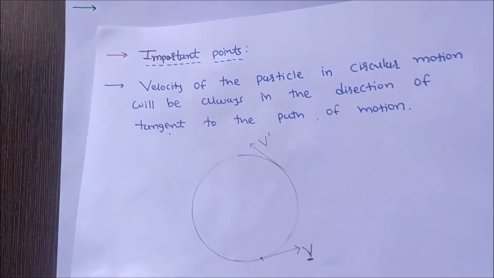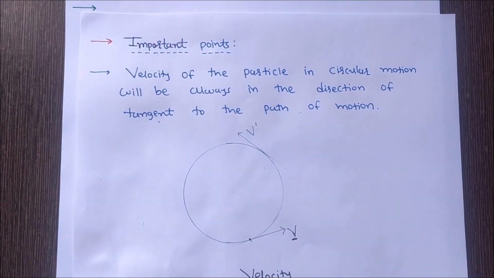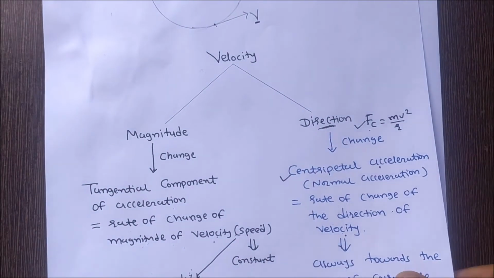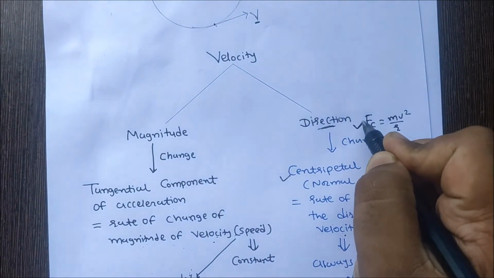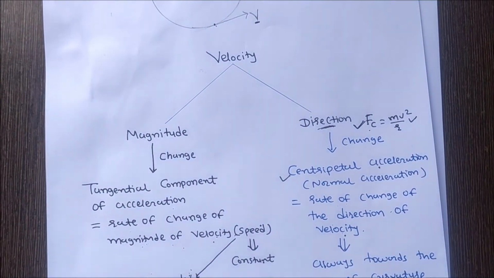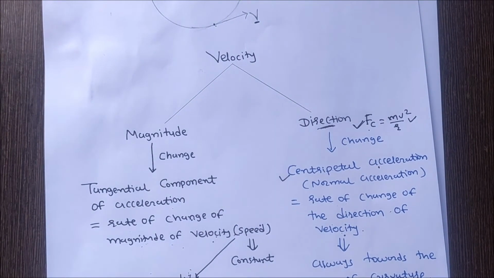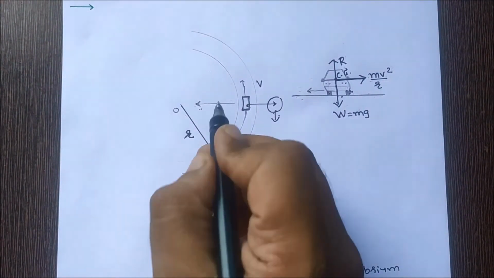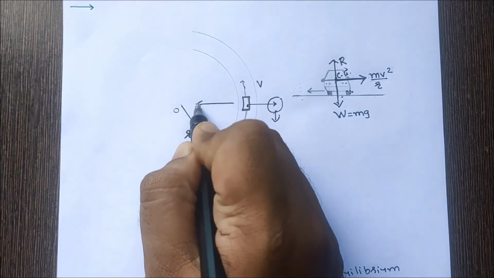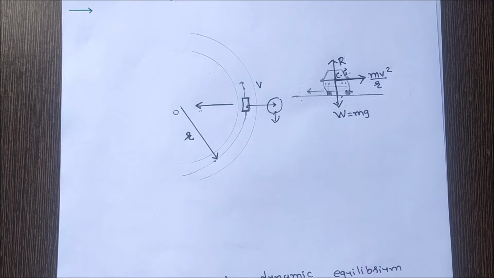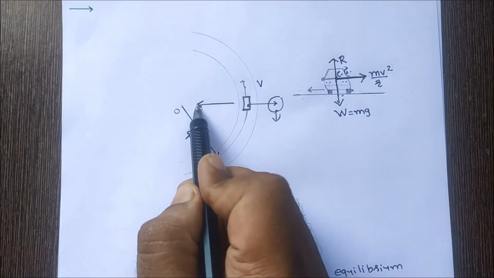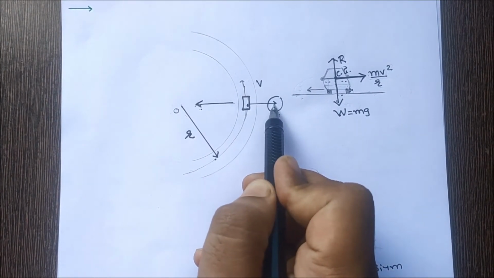Again I repeat, velocity of the particle in circular motion is always in the direction of tangent to the path of motion. If velocity is continuously changing, there must be a centripetal acceleration, and then there is a centripetal force, whose value is mv square by r, always acting towards the center of curvature. According to Newton's third law of motion, for every action there is an equal and opposite reaction.